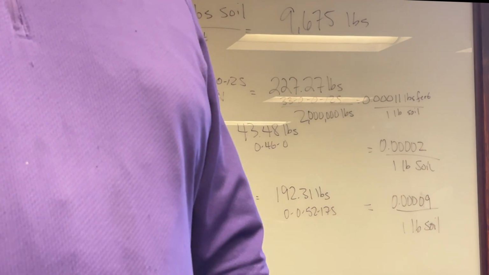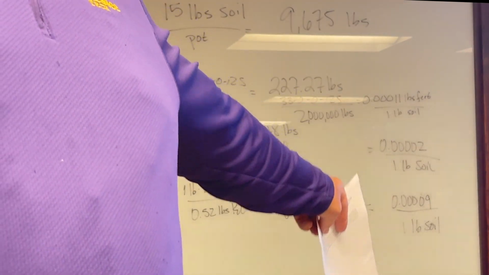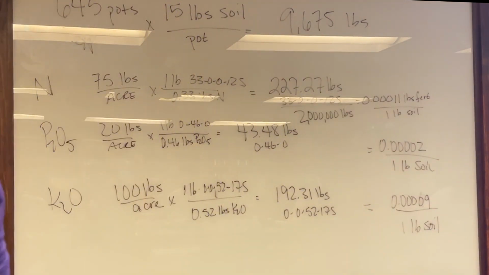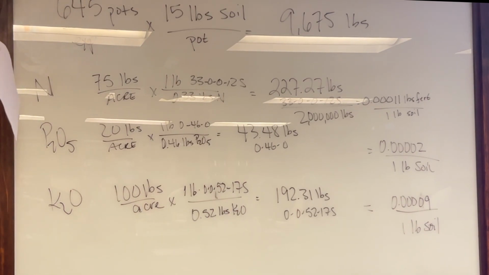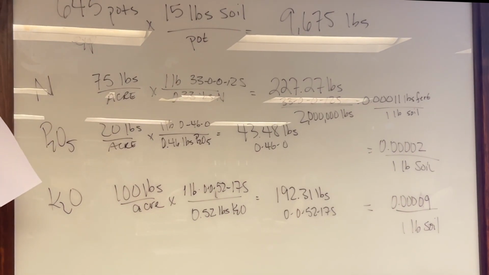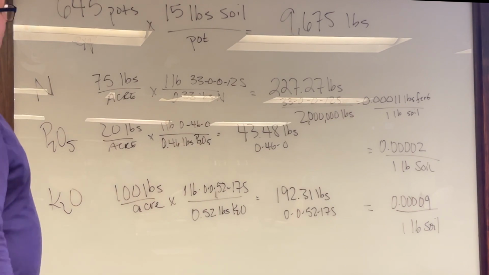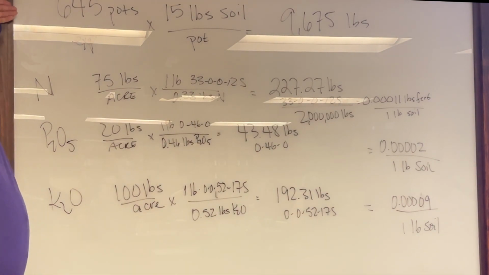It'll be fine, especially at that small amount. All right, everyone good? Everyone at least following, we got to this very small number of pounds. First thing we need to do is find out how many pounds we need total.